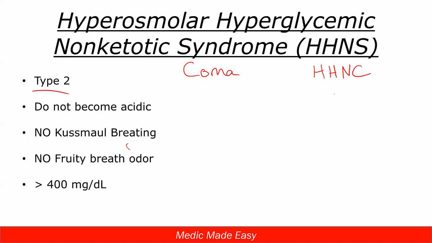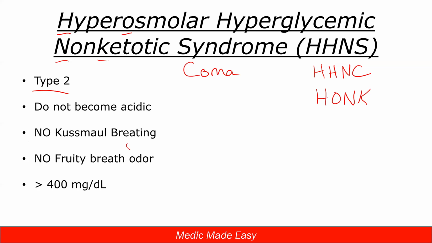And sometimes you'll see HONK. Honk, oh, it's always been my favorite. But they're all interchangeable, right? The HONK is hyperosmolar non-ketotic. So for whatever reason, they just have three different abbreviations that they'll use for this. They all get used interchangeably.